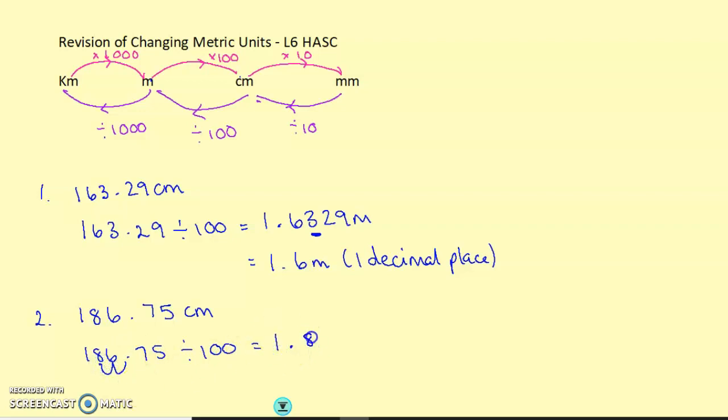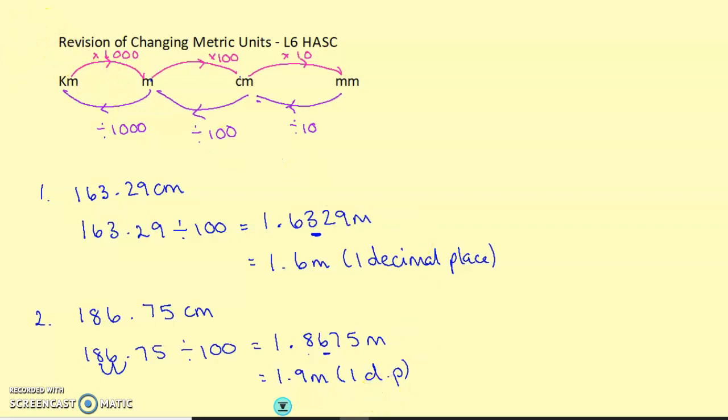I get 1.8675 metres. But I want an answer to 1 decimal place. I just want 1 number after the point. So we're looking at the 8. The number after the 8 is a 6. So that's going to push that up to a 9. So it's 1.9 metres to 1 decimal place.